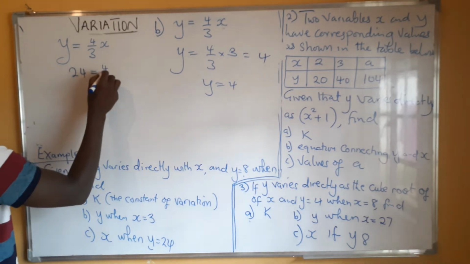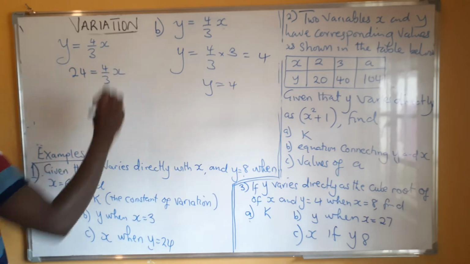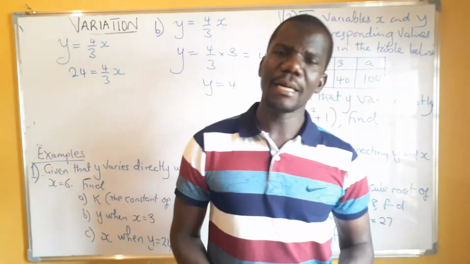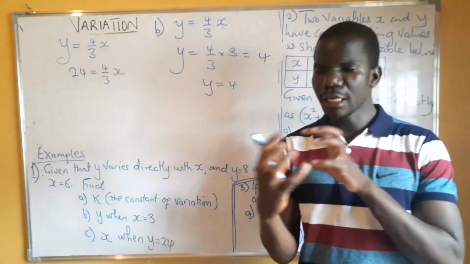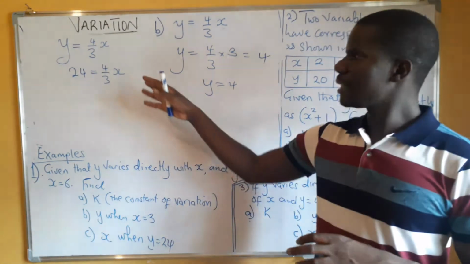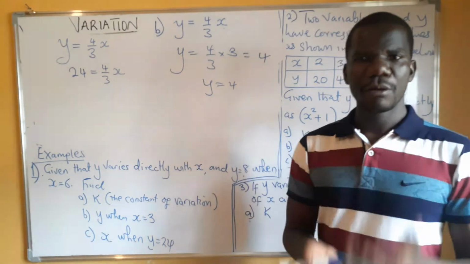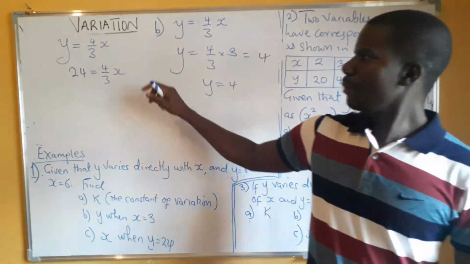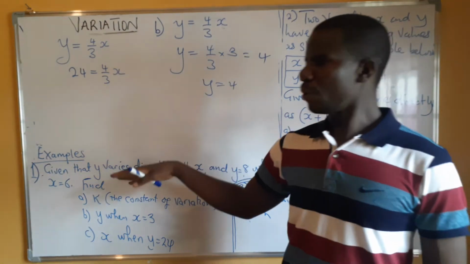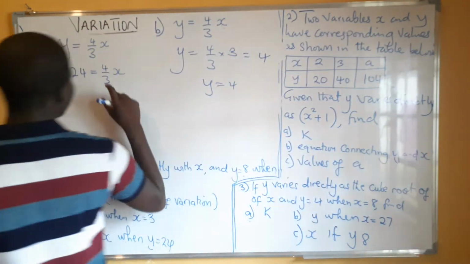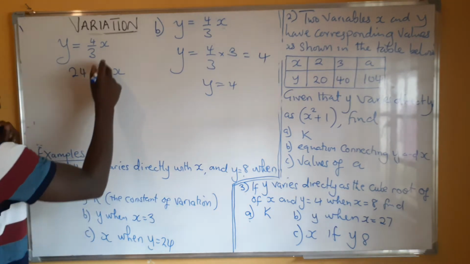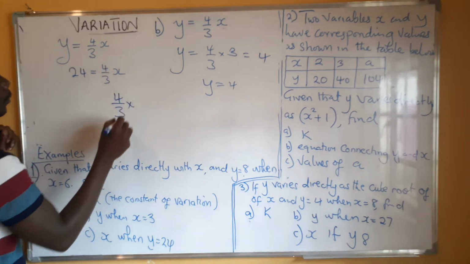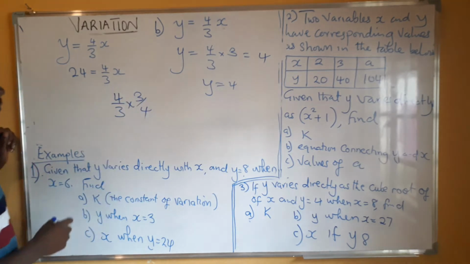This is equal to 4 over 3 x. We want to find the value of this x. Mathematics has intertwined concepts. So at this point, we need to have some knowledge of fractions. How do we solve a fraction of that nature? We are going to look at the reciprocal, because to get rid of this 4 over 3 from this side, we need to multiply it by 3 over 4.